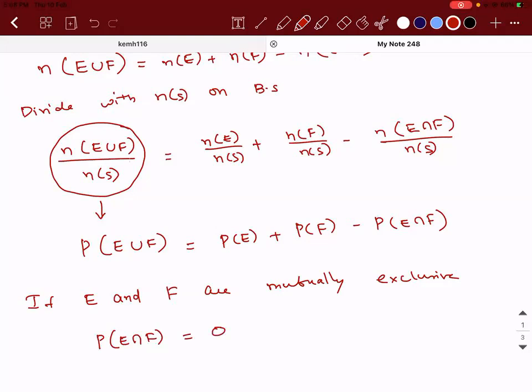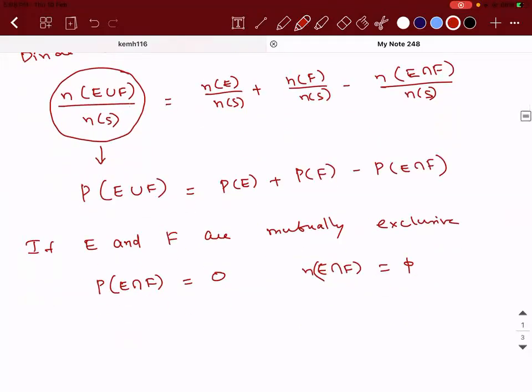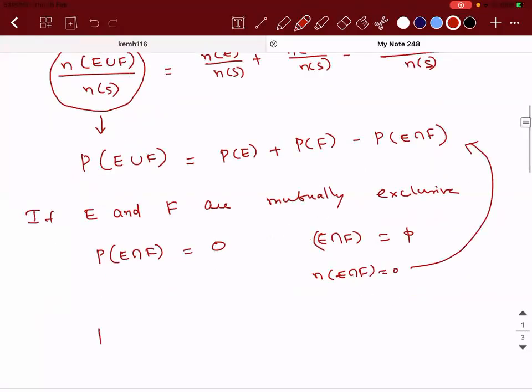Correct? Because the number of elements in E intersection F will be a null set. When that is going to be the case, E intersection F will be a null set and the number of elements in E intersection F will be 0. So if I substitute it here, then what will I get? P of E union F is equal to P of E plus P of F.